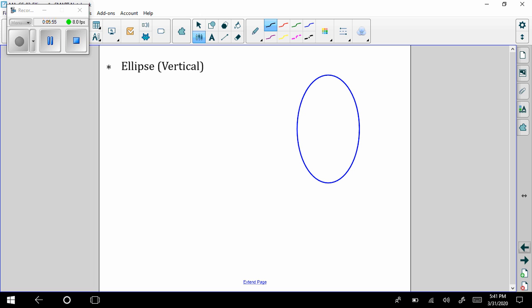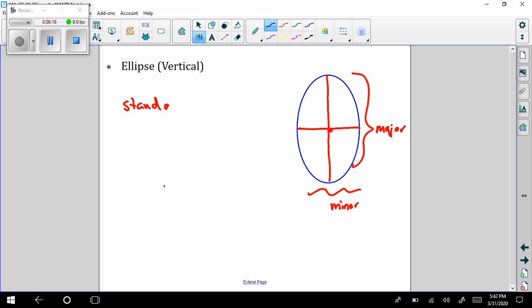All right. So next one, we're looking at an ellipse that is a vertical ellipse. In this case, your major axis is vertical. Your minor axis is horizontal. Your center is where those two things cross. So standard form is going to be the same in the numerators, (x minus h) squared plus (y minus k) squared.